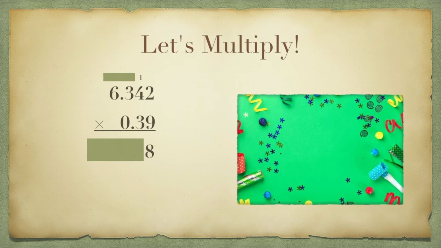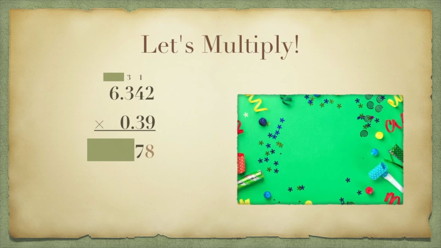Next is 4 times 9 equals 36 plus 1 equals 37. So, that is 7, carry 3. Next, 3 times 9 equals 27 plus 3 equals 30.